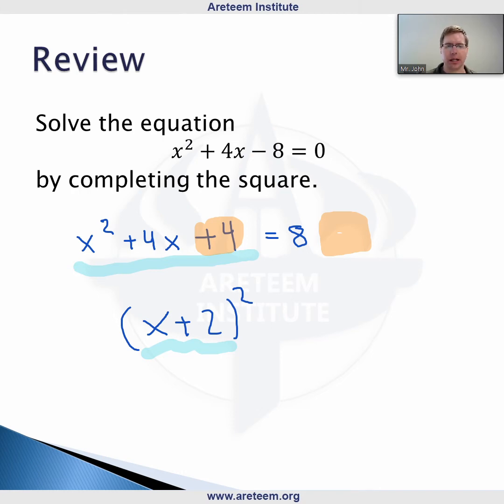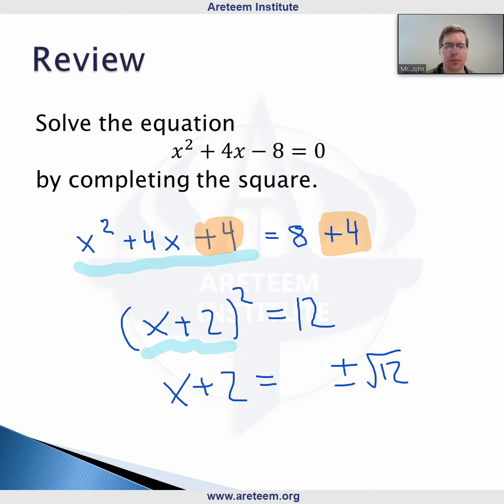We add our plus 4 on the right-hand side as well, so we actually get a 12. So we have x plus 2 squared is 12, and this is pretty easy to solve from here. x plus 2 is plus or minus the square root of 12.